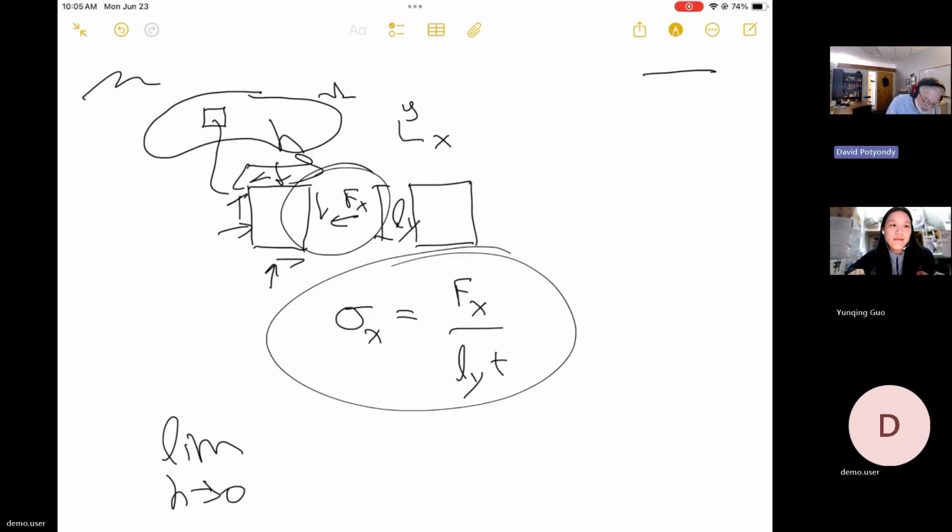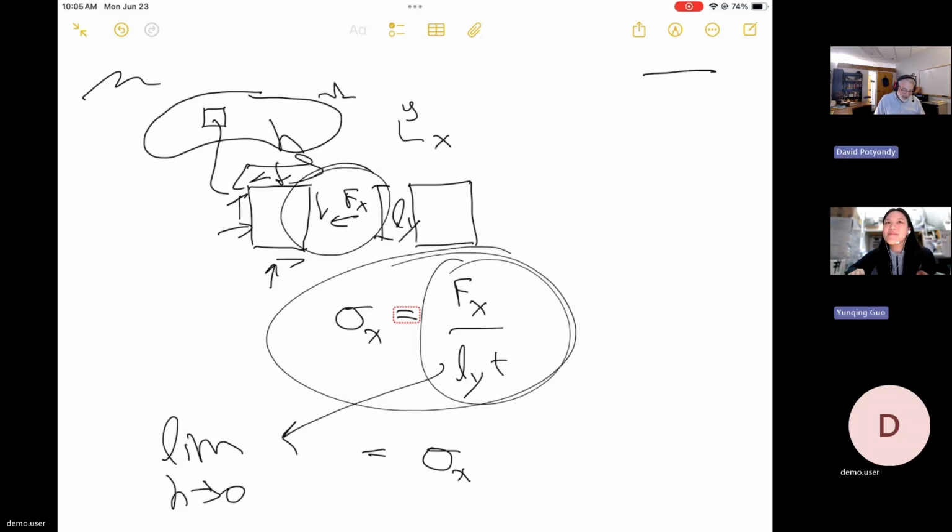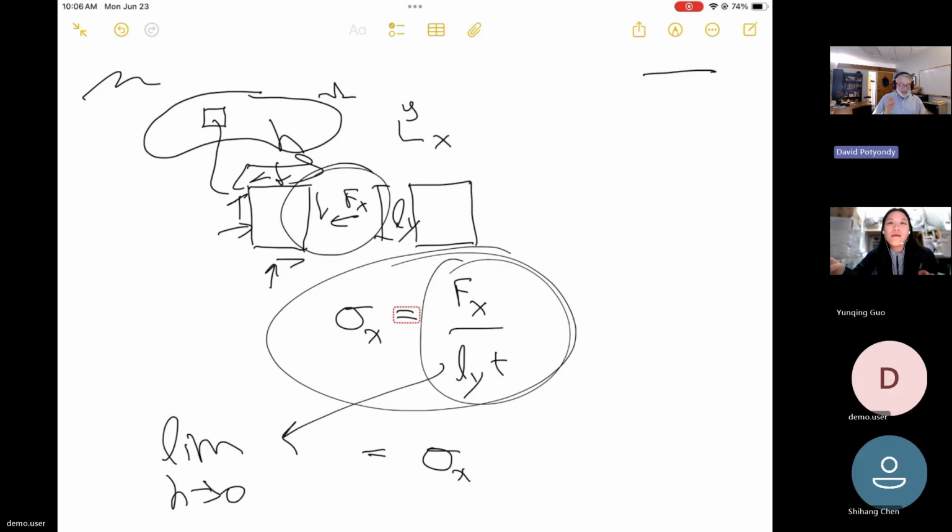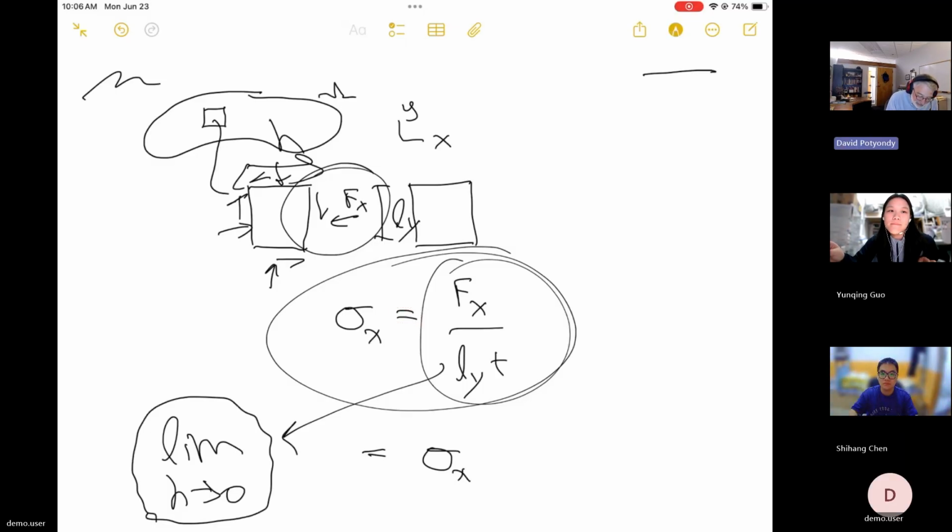And we're going to define this in the limit, and let's call this distance h, as h goes to 0, of this quantity, as what we're going to define as a whole new concept, and we're going to call it stress. Are you with me? Yeah. Okay. And so this is a mathematical way of saying, notice we're taking the limit as this little thing goes to 0, which means you could take that continuum, a real material, and divide it forever, and it would never reach a fundamental length scale.